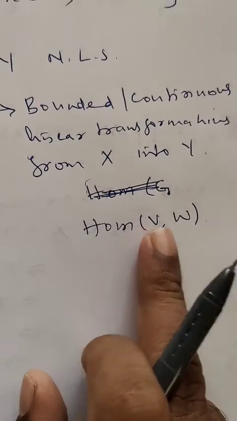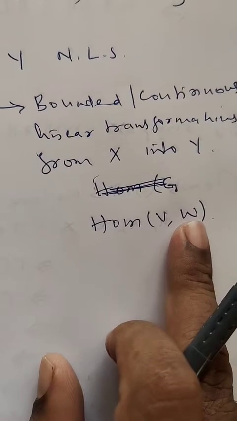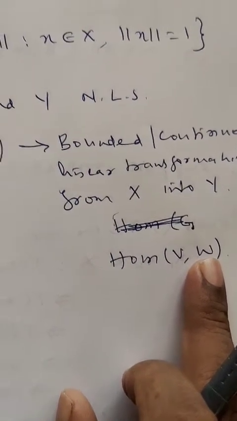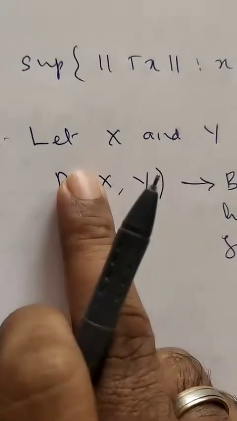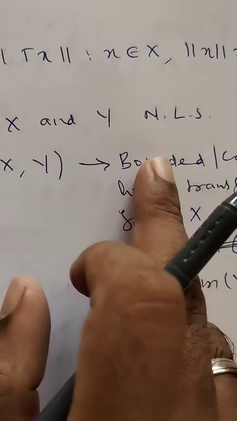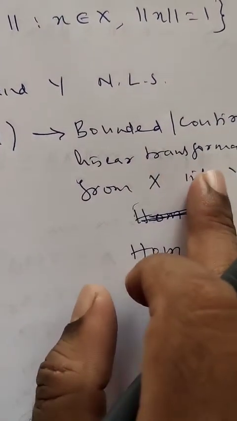Homomorphism here means only the linearity condition. Homomorphism condition is nothing but the linearity condition. But here the additional condition is that those maps are bounded or continuous.